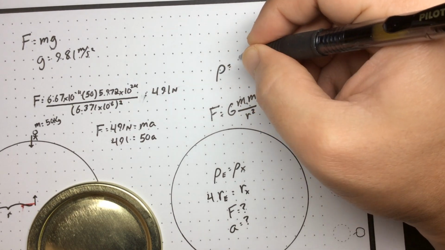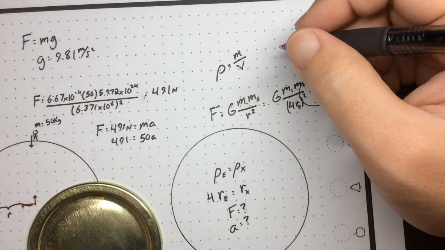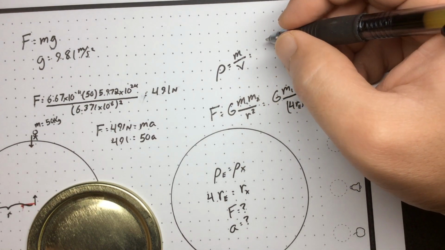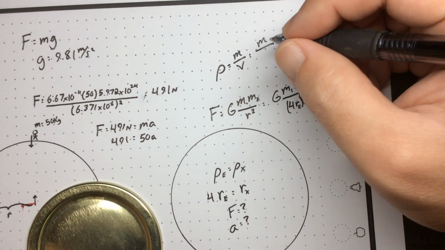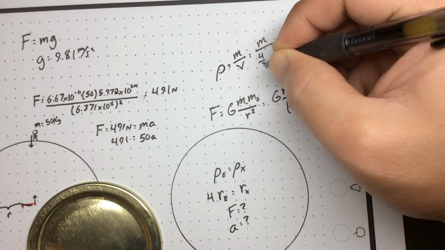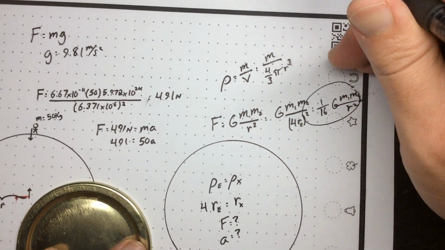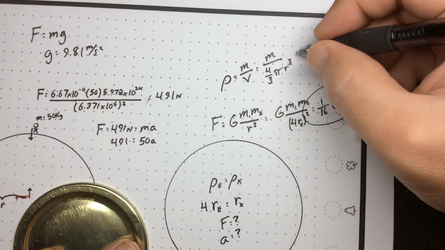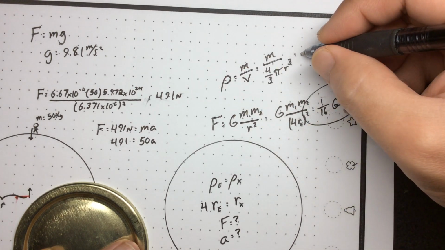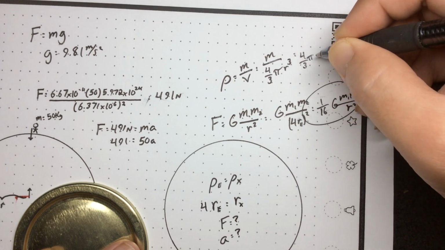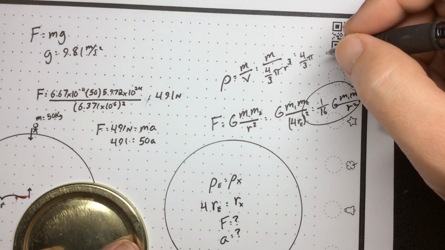So what is density? Mass divided by volume. It's how much mass you have per volumetric space. We know that volume is the volume of a sphere. So what is the volume of a sphere? 4/3 pi r cubed. If we were to multiply the radius by 4, we have 4/3 pi, and if I put a 4 inside of that r, that's 4 times 4 times 4.